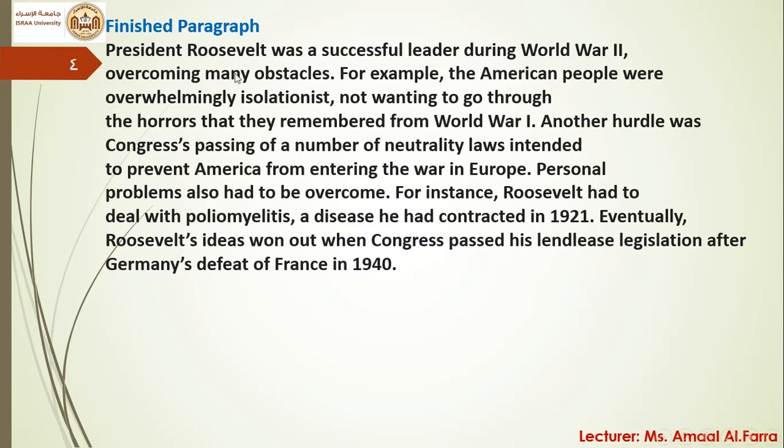Now we're going to mention these obstacles by using the transition expressions, like, for example, the American people were overwhelmingly isolationist, not wanting to go through the horrors that they remembered from World War I. Another hurdle was Congress's passing of a number of neutrality laws intended to prevent America from entering the war in Europe.